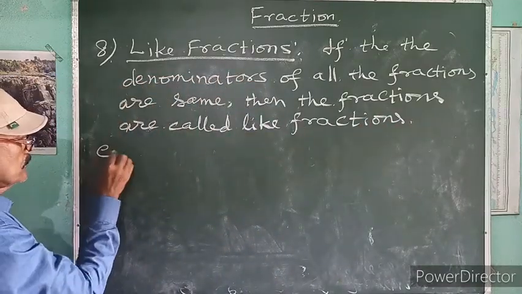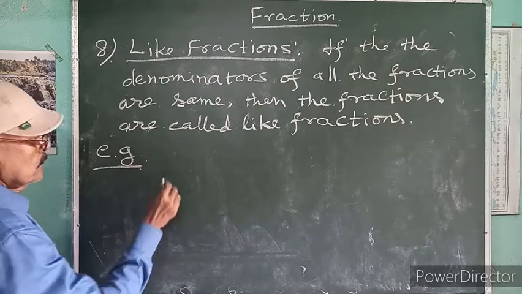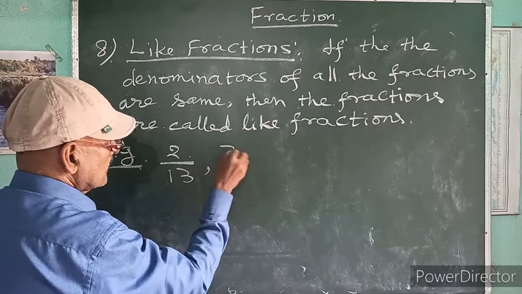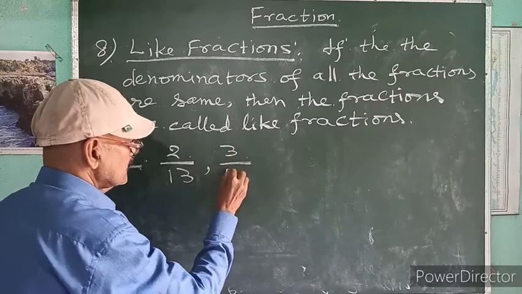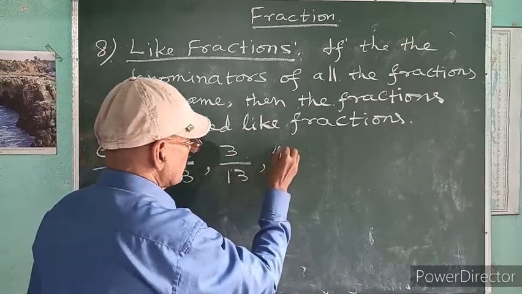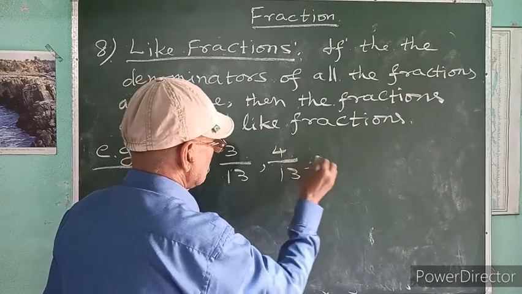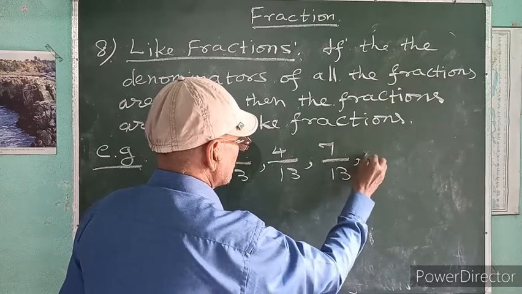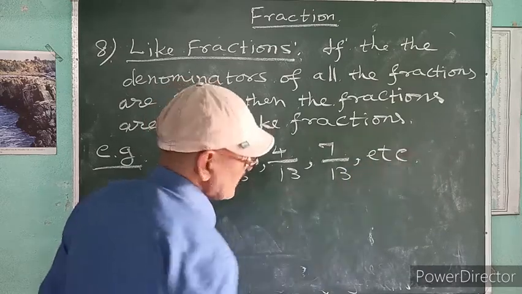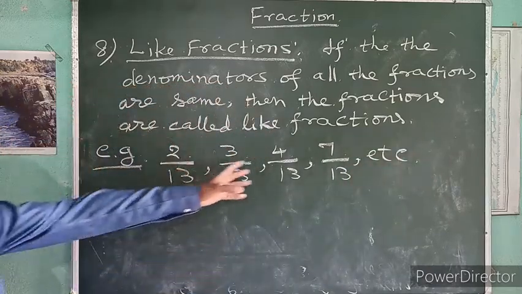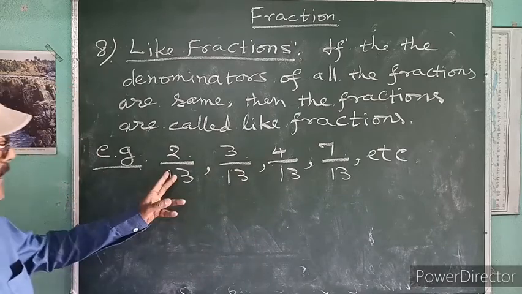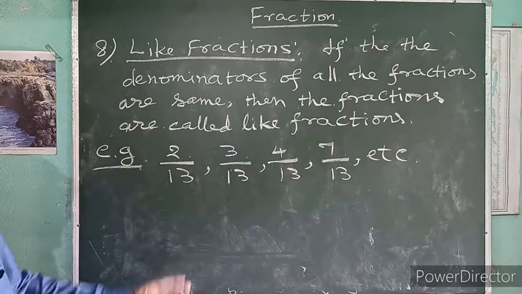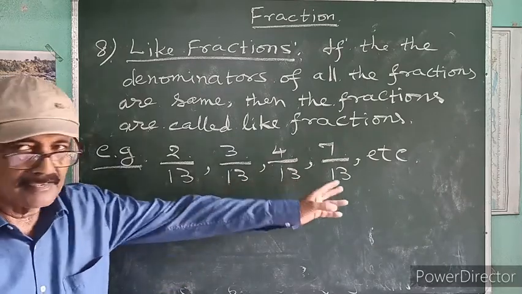Example: 2 by 13, 3 by 13, 4 by 13, 7 by 13, etc. They are like fractions because they are having the same denominator. Here they are 13.